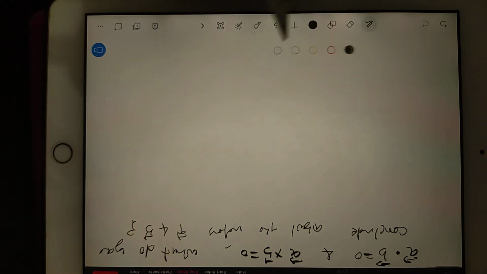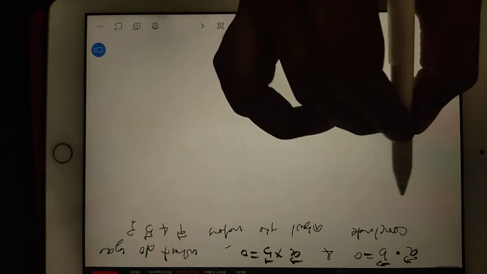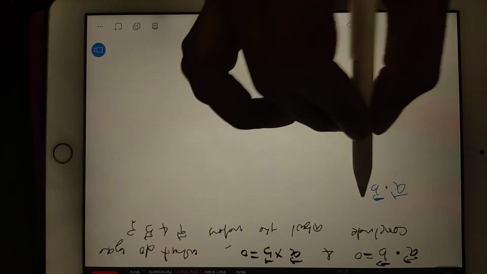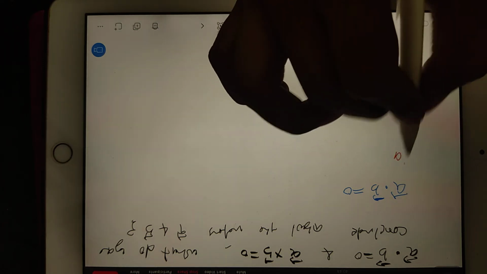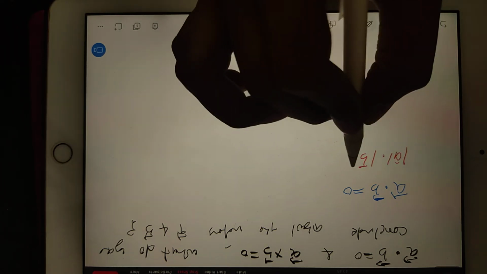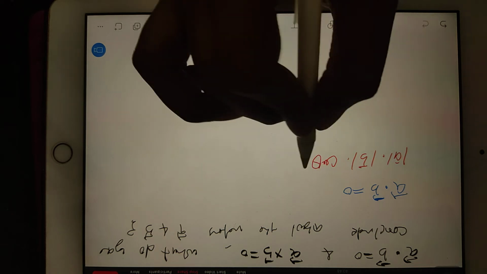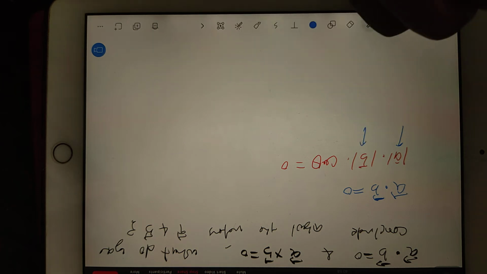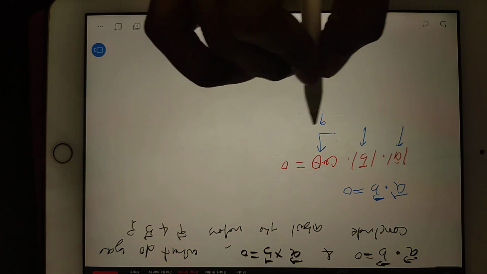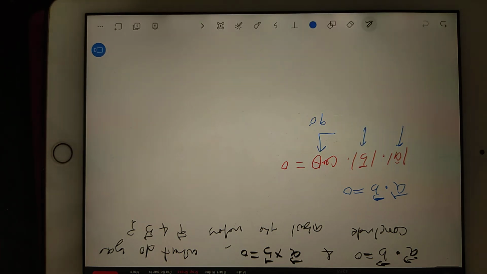So idea is very simple. If A dot B is equal to 0, it means mod of A into mod of B into cos theta is equal to 0, which makes sense. Either this can go 0 or this can go 0, or angle between them is 90 degree. Three things are possible.